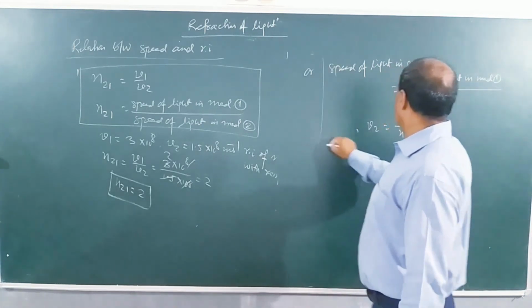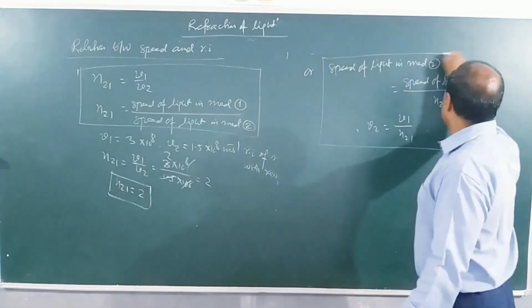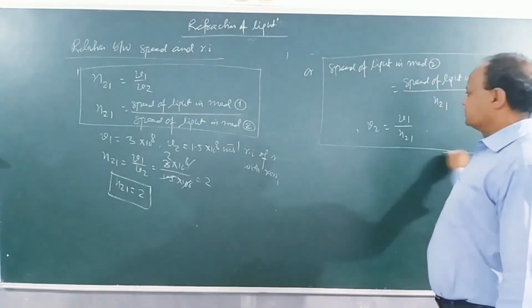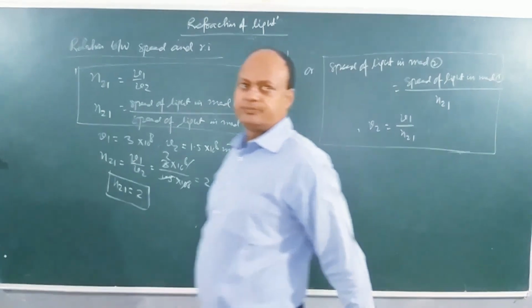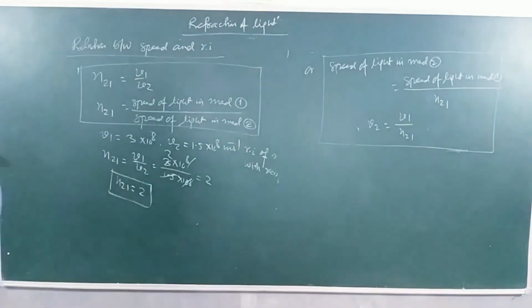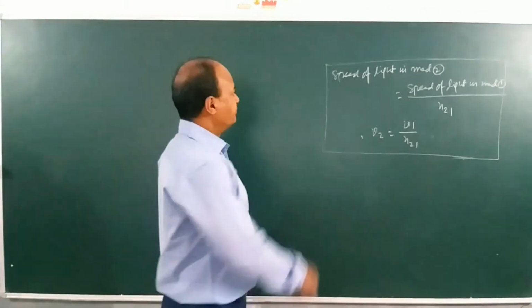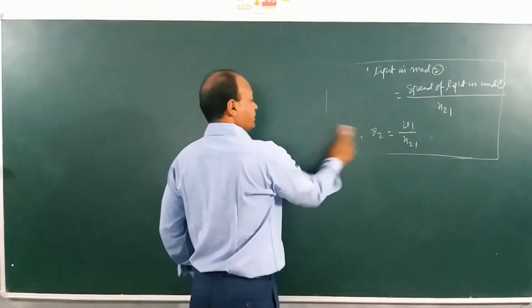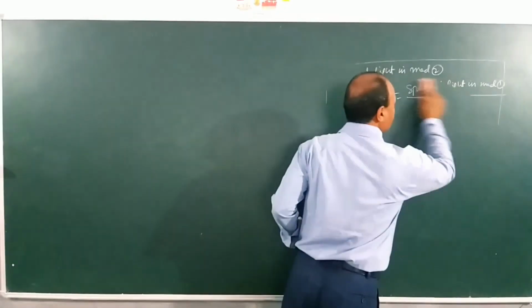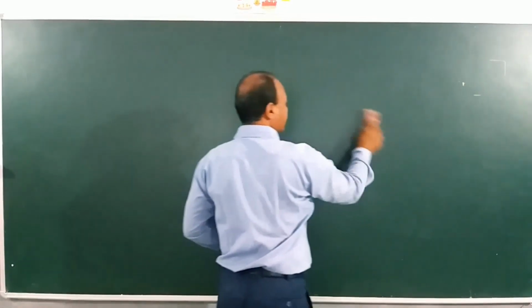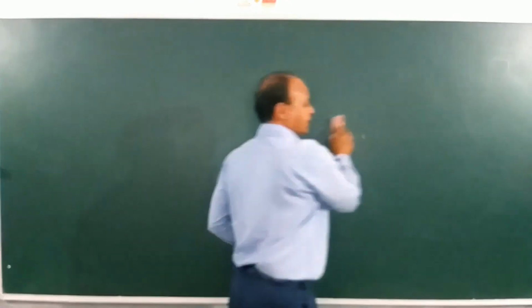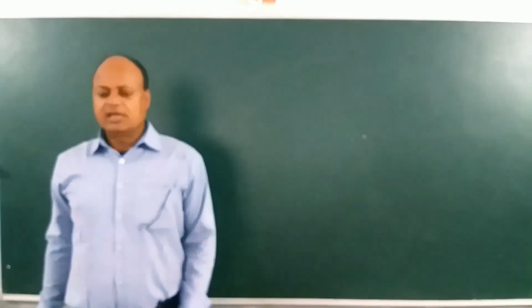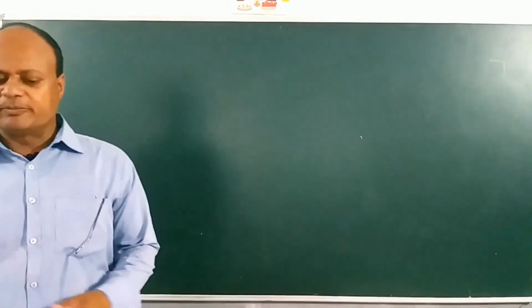So this is another formula which is very handy when you are doing sums. Okay, children, we saw the relation between refractive index of a medium and speed of light as it is going from medium 1 to medium 2.